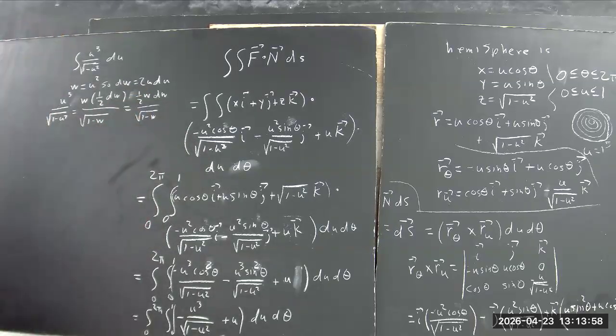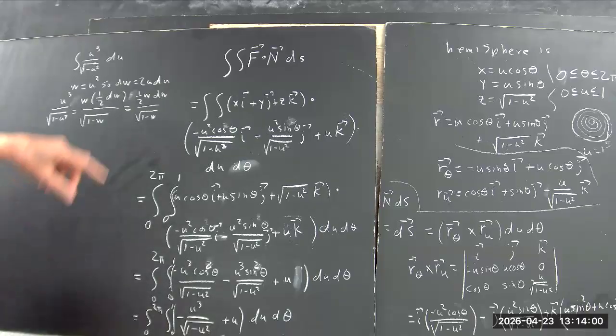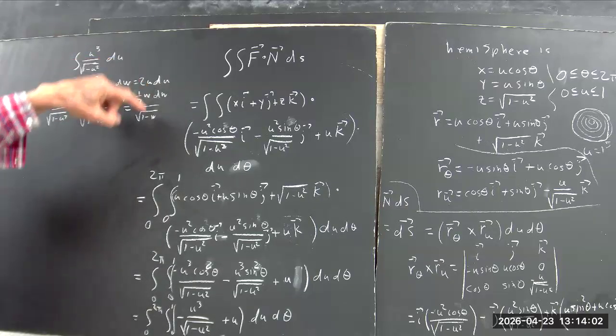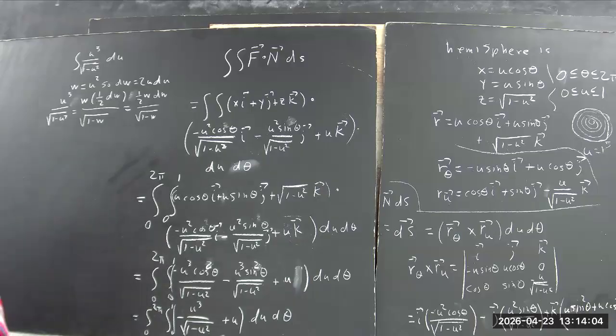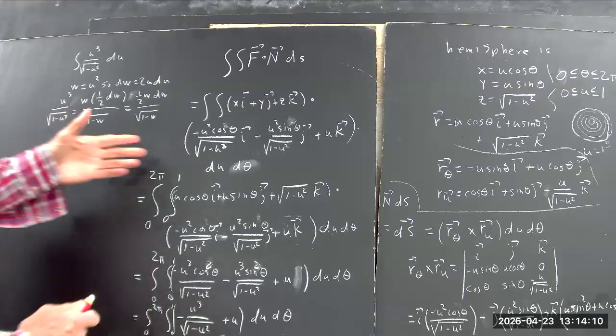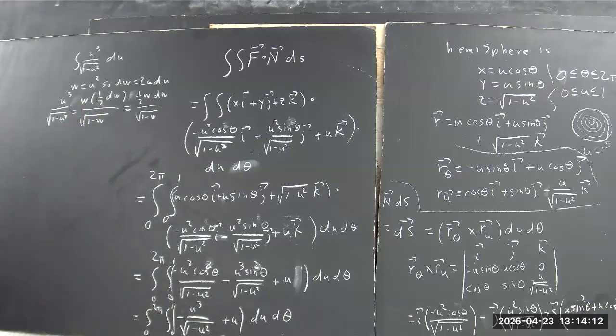So we're integrating basically just w over the square root of 1 minus w. And this is basic substitution. Not the simplest type of basic substitution, but it's one you should have encountered a number of times. First year calculus. It's been a while though. Okay.